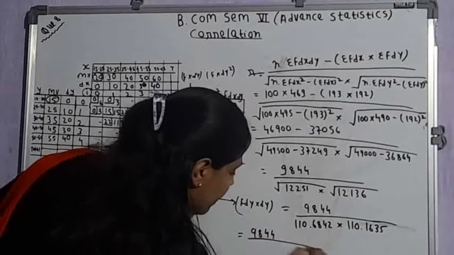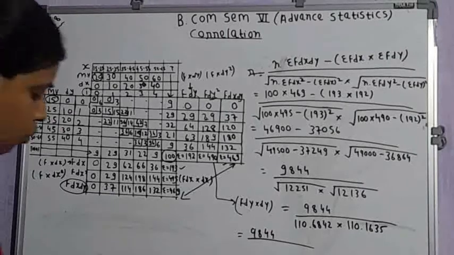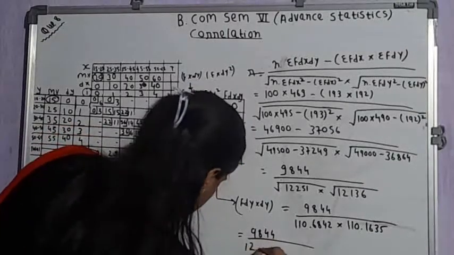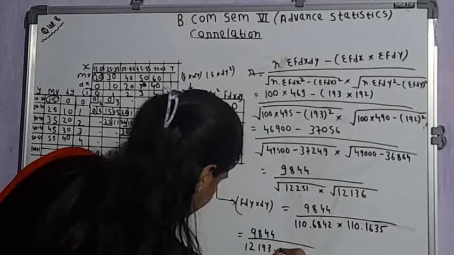So 9,844 divided by 110.6842 into 110.1635. It would come to 12,193.3589.